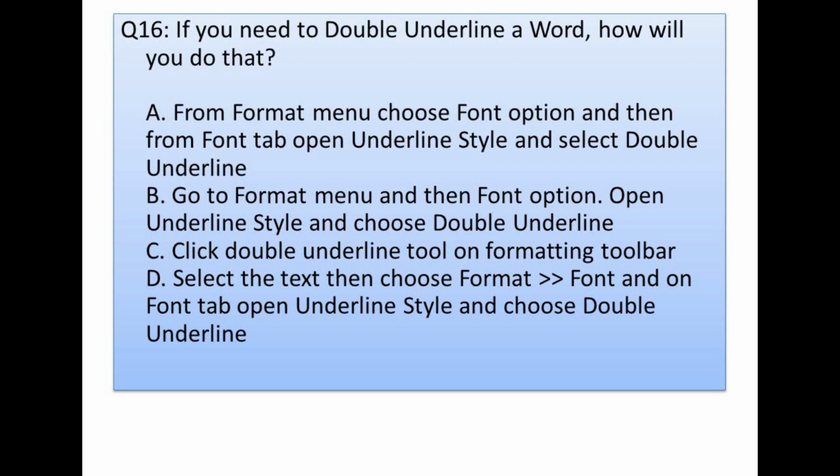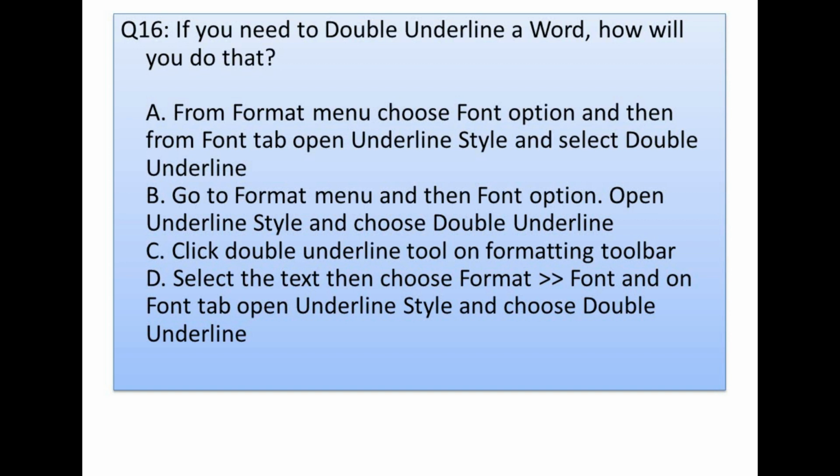If you need to double underline a word, how will you do that? From format menu choose font option, then font. Then from font tab, open underline style and select double underline.